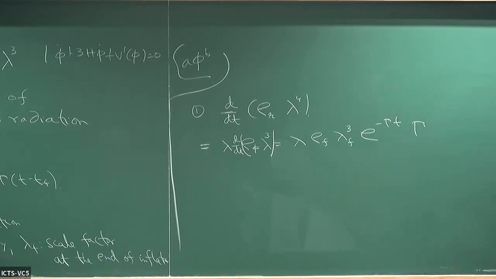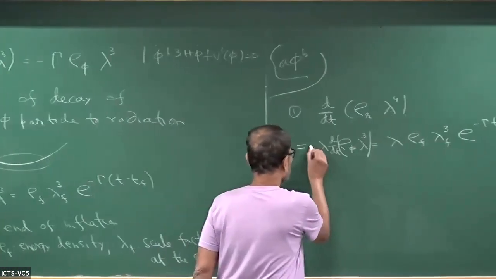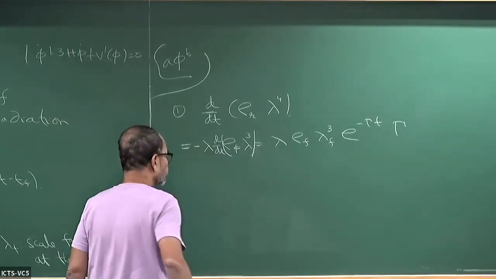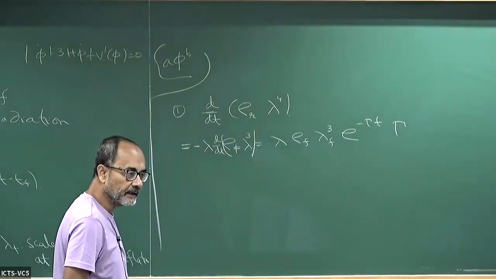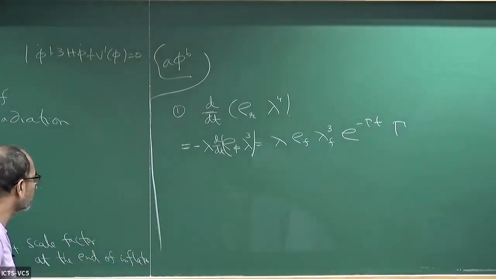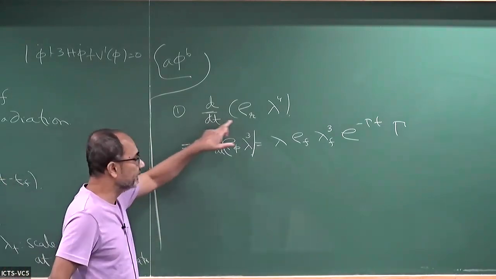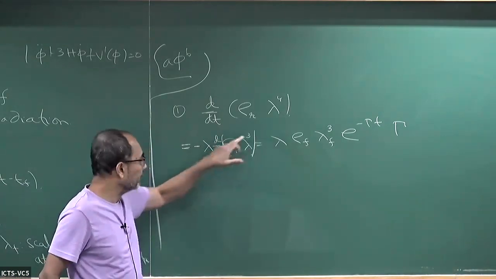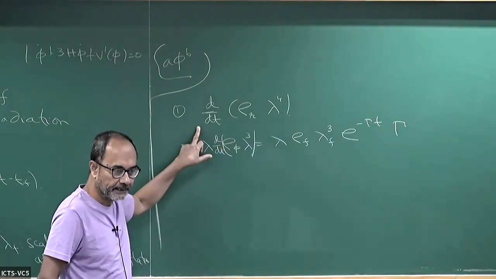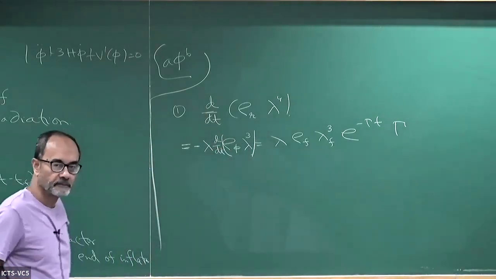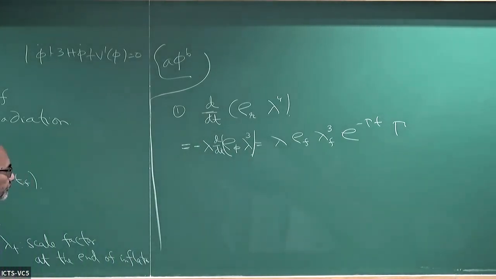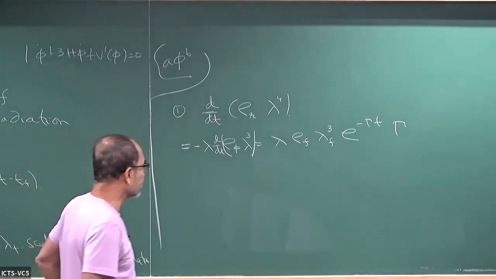It should be negative, yes. It is minus d/dt of rho phi lambda cube. But the overall lambda is multiplied because this is d/dt of rho r lambda to the 4. Otherwise, I should have written 1 over lambda on this side. T minus Tf, yes, thank you.